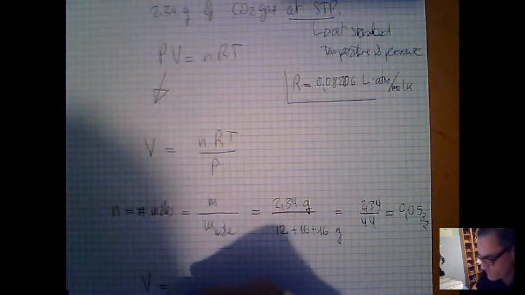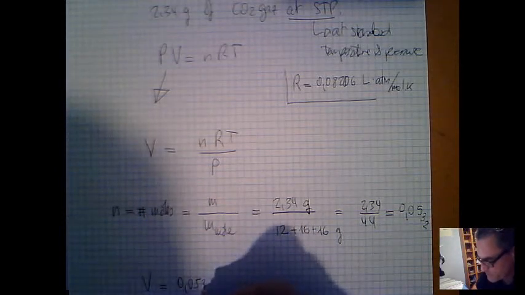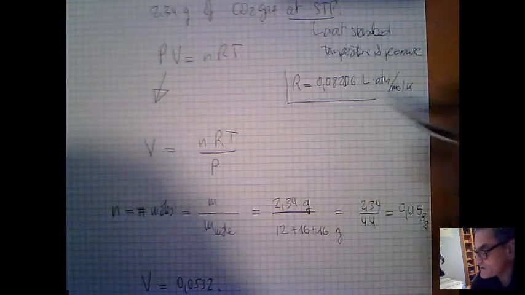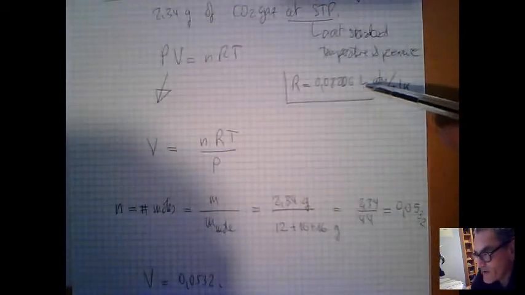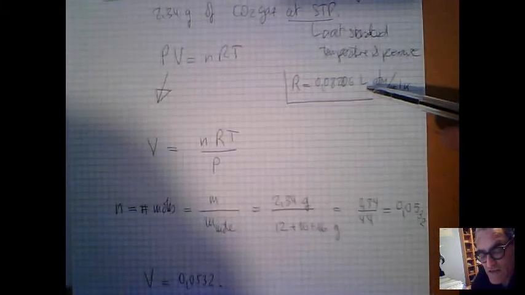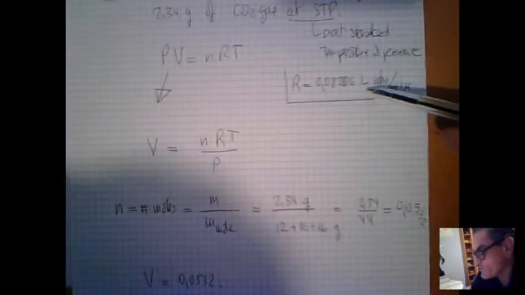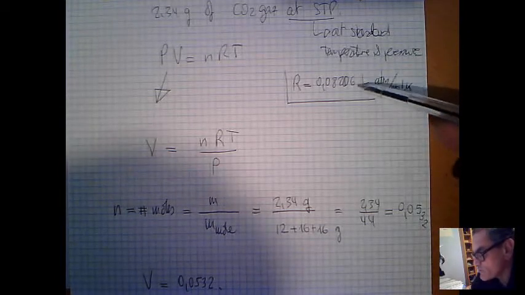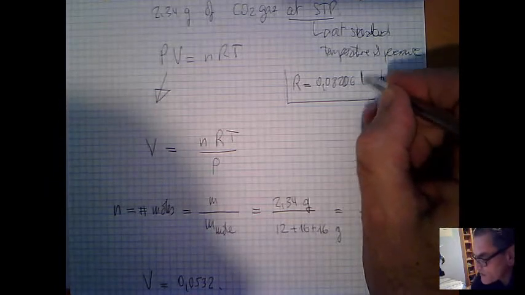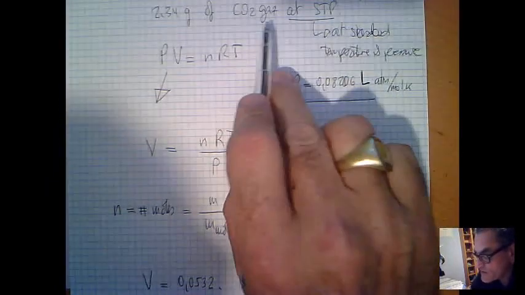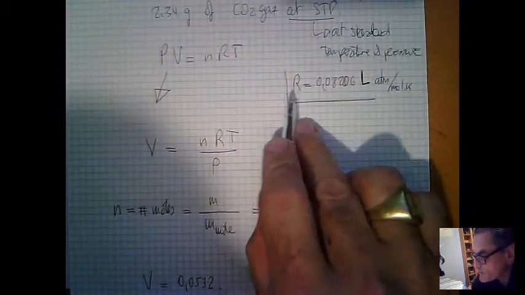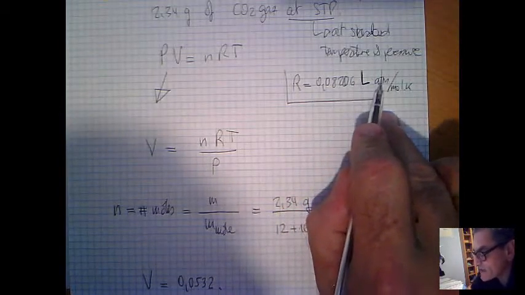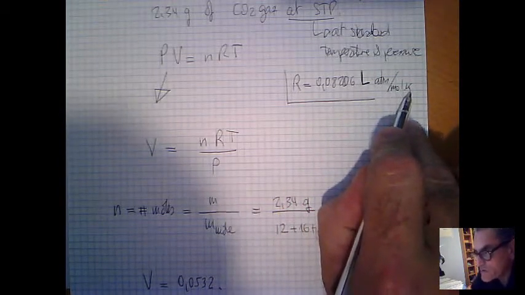The volume is the number of moles, 0.0532, times R, which has this value. So you need to look at the values of R. I took these exercises from different books, and they are done with different units, and I decided to leave it like that because sometimes you are trying to determine the volume in liters. Here they used a value of the R constant in liters times atmospheres divided by moles times Kelvin.